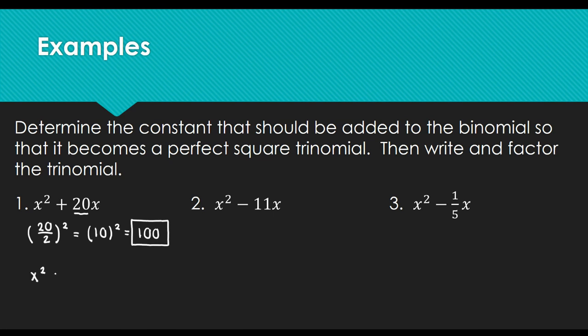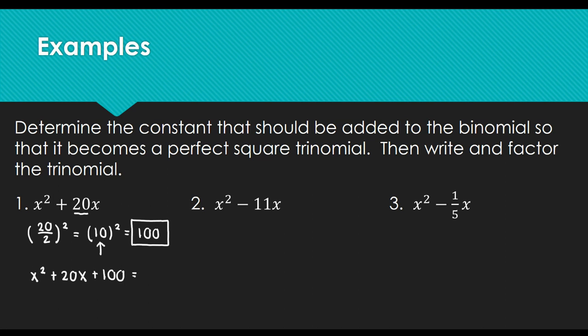So then really, if I have x squared plus 20x plus 100, now I've turned that binomial into a trinomial. Now this is something that's factorable because now I'm looking for numbers that multiply to 100 that add to 20. And it's really going to be this number here, the number that I had before I squared it, because 10 times 10 is 100 and 10 plus 10 is 20.